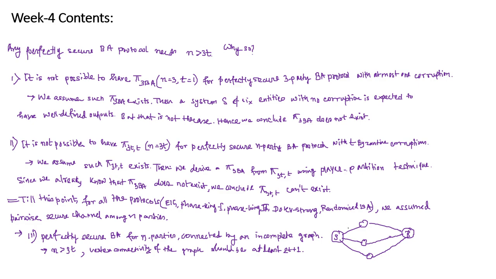Then if the sender sends the same value through all these 3 wires, so here 3 is 2 into 1 plus 1, satisfying the formula of 2t plus 1 basically.